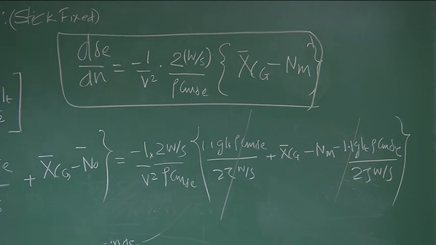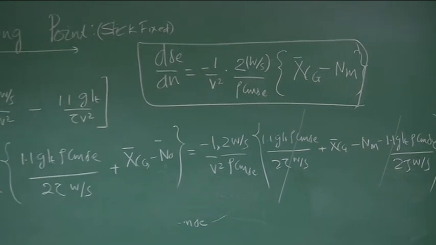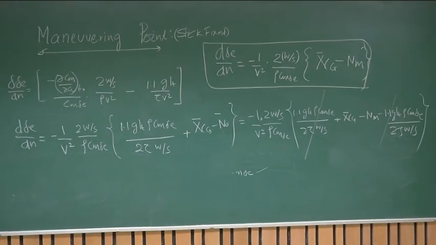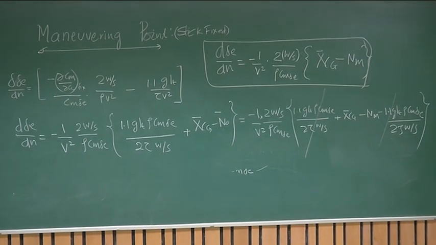All these expressions you could derive because we have assumed that neutral point is a location at which dCm by dCl is 0, and here we assume that maneuvering point is that CG location at which d delta E by dN equal to 0.